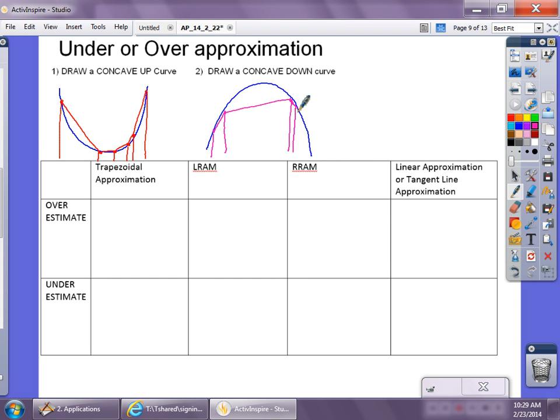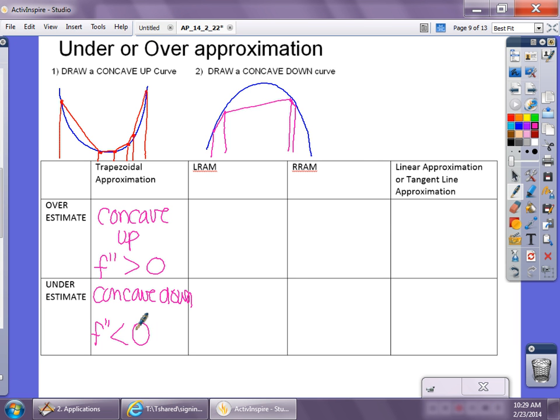So for a trapezoidal approximation, your overestimates happen when we're concave up. That would be your second derivative is greater than 0. We're an underestimate when we're concave down. And that would be where your second derivative is less than 0.